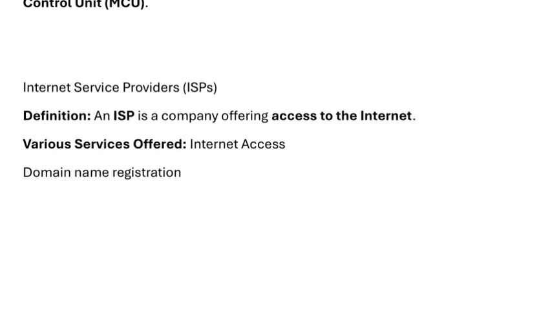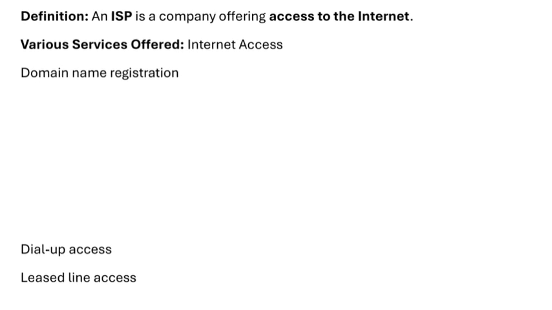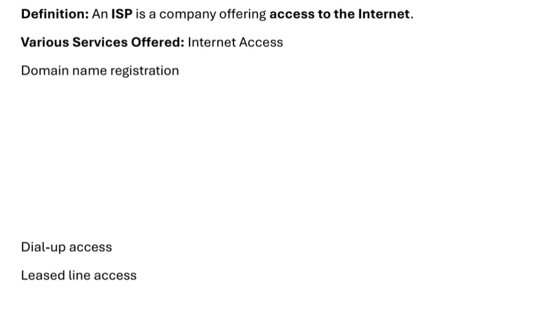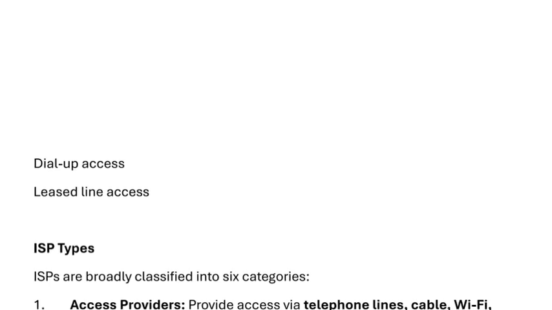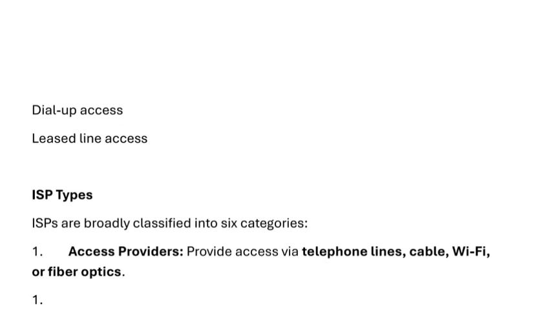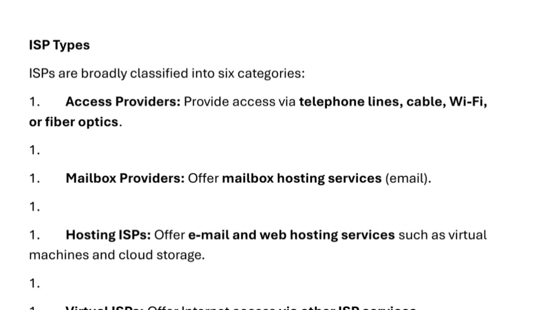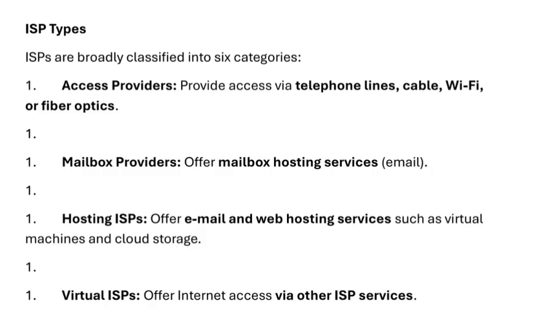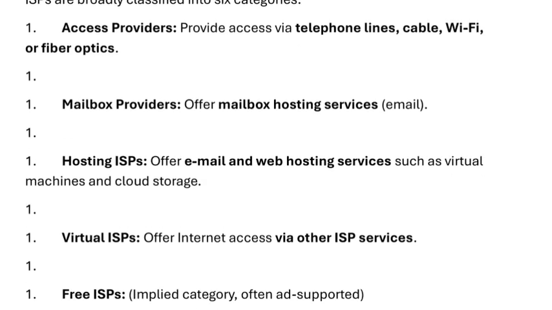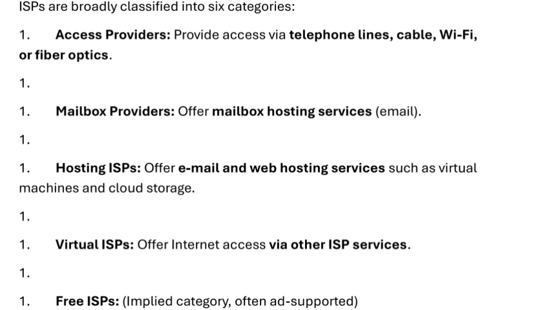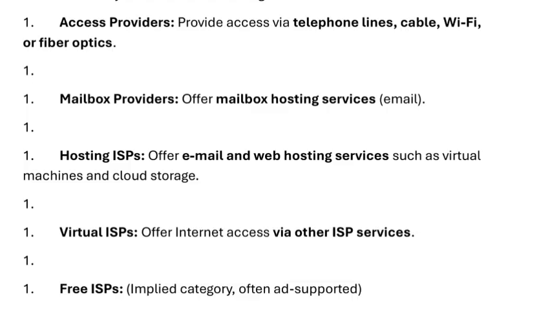Internet Service Providers, ISPs. Definition: an ISP is a company offering access to the Internet. Various services offered: Internet access, domain name registration, dial-up access, leased line access. ISP types. ISPs are broadly classified into 6 categories. Access providers provide access via telephone lines, cable, Wi-Fi, or fiber optics.